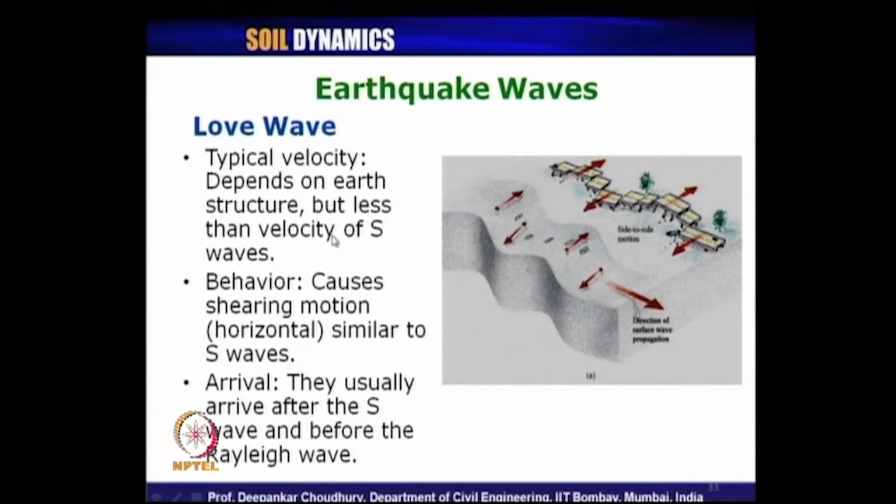So, obviously, it arrives in the seismogram as the third one. So, first one in the seismogram is P wave, second one is S wave, third one is love wave, and last one is Rayleigh wave, in the order they appear in the seismogram.